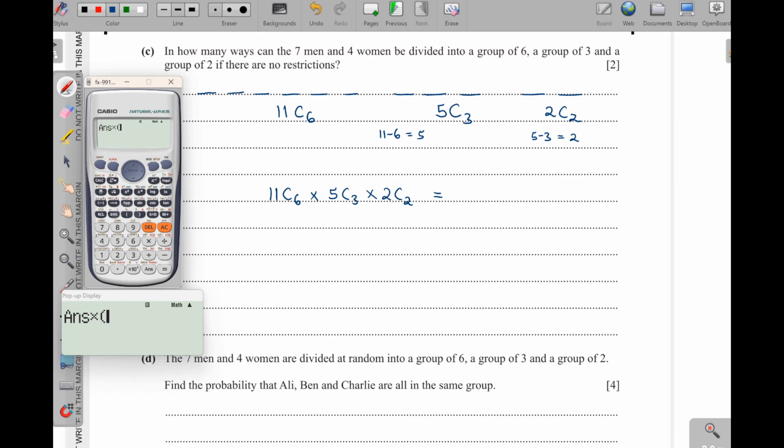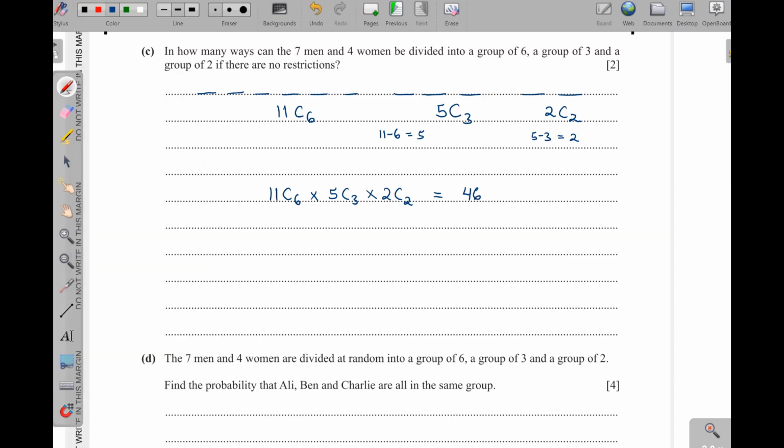Then times 5 combination 3, and from there, 2 combination 2 is 1. That is 4620. As simple as that.